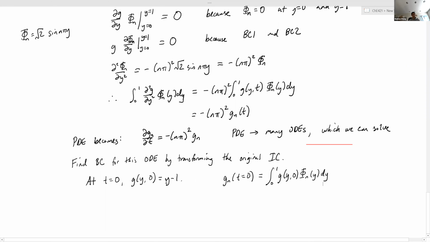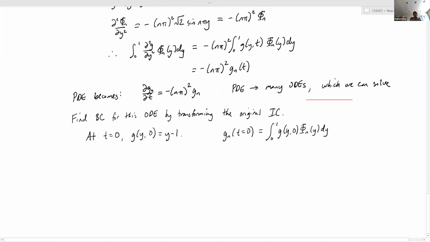That's this, and so we can figure out the value of this integral immediately. G of y, 0 is equal to that, and then the basis function itself is equal to this. Okay?